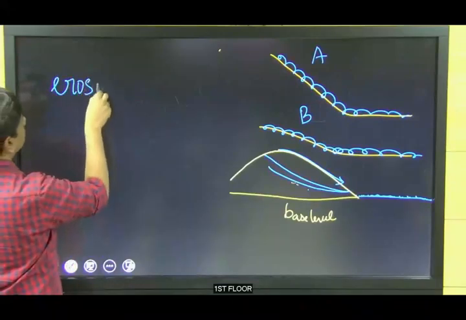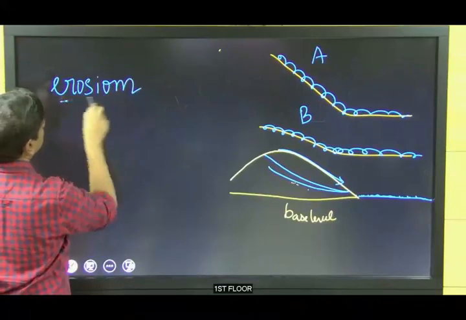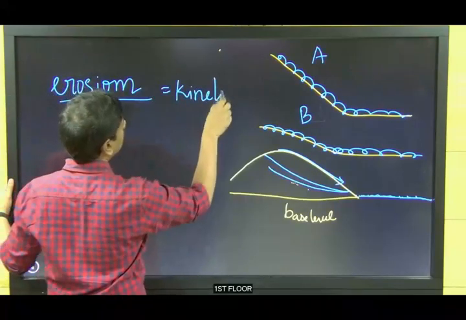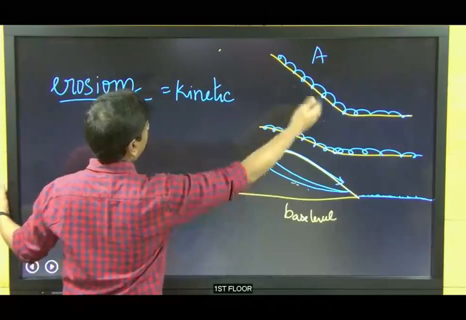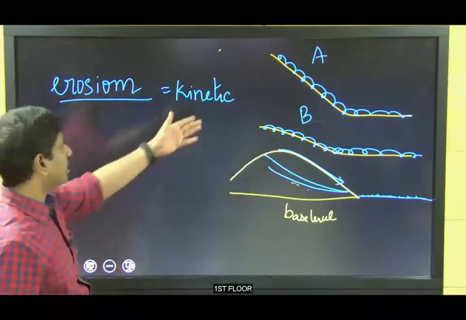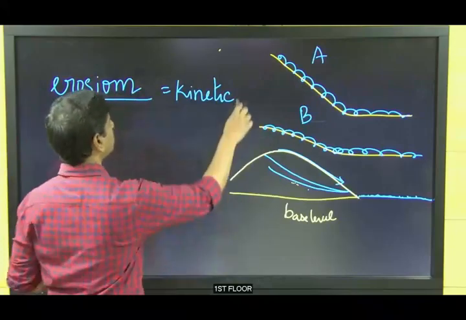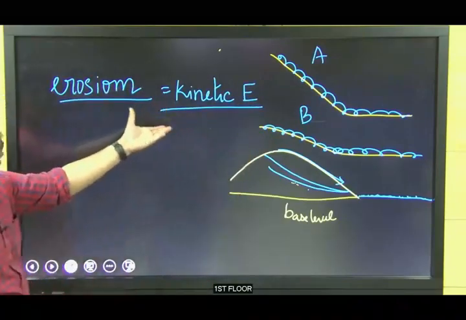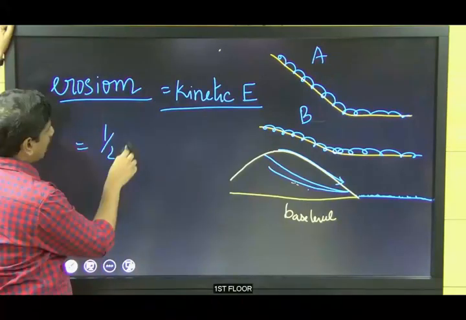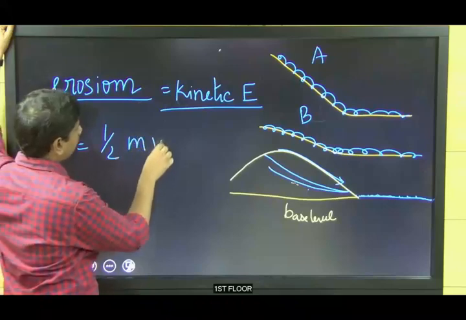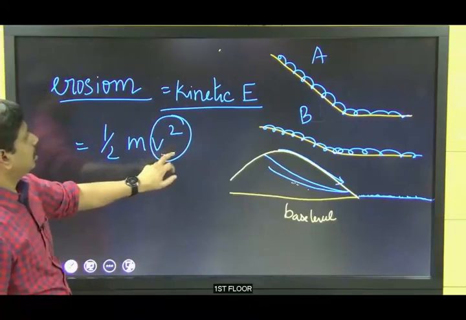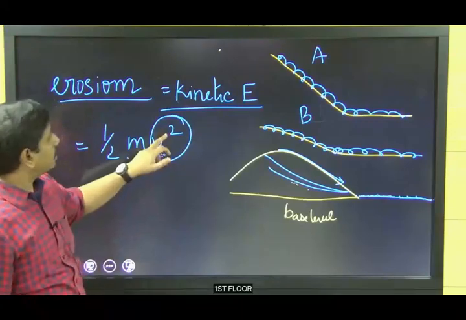Erosion is due to the kinetic energy of the flow. Kinetic energy means the energy which a moving body has. The water has some kinetic energy. Okay, kinetic energy is the main reason for erosion. Kinetic energy is equal to half m v square, where m is mass and v is velocity.